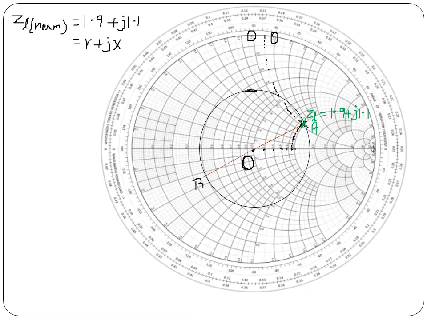AB line intersects at point B, which is the admittance point on the Smith chart.